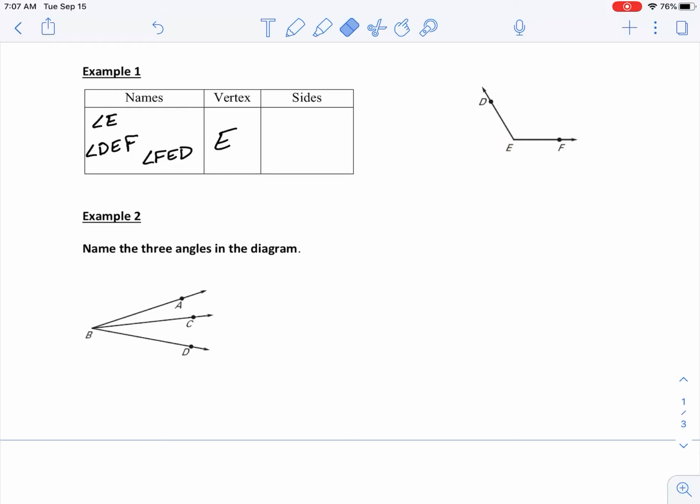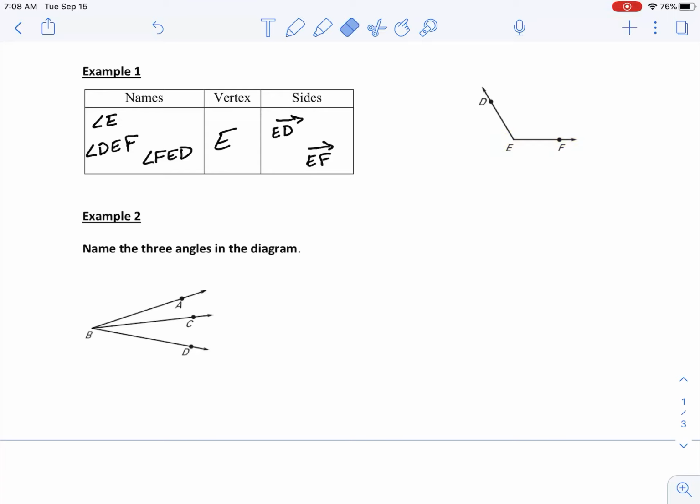So our vertex is E, and then the 2 sides, based off our definition, are the 2 rays. When we name rays, we always have our arrow to the right, and we start with our endpoint, which is E. The first one that I highlighted is ED, and the second one we have is EF.